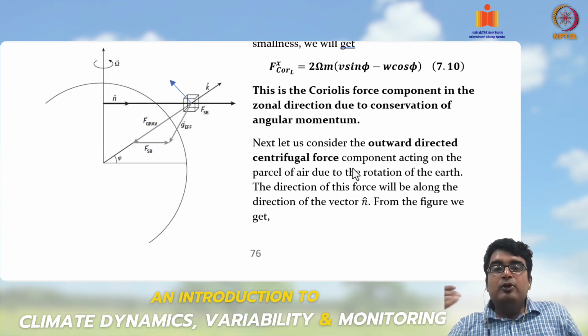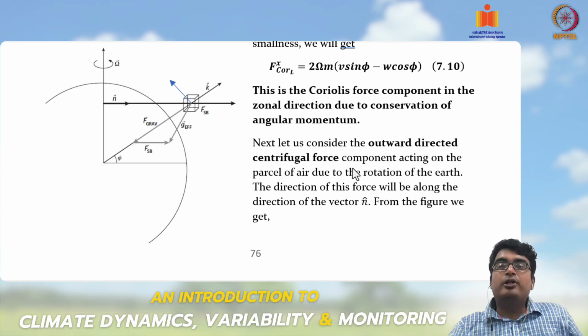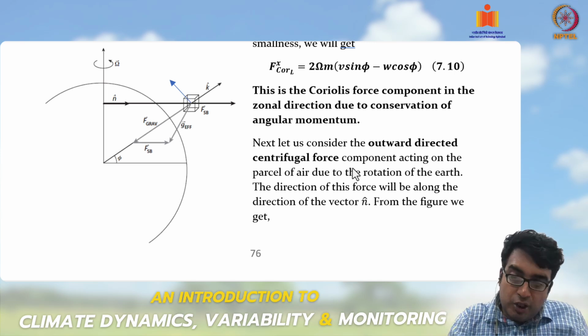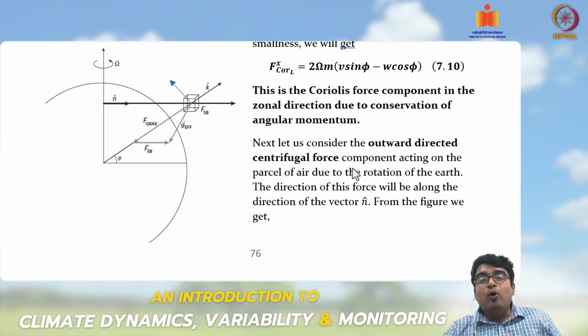Next, we will look at the other component of the Coriolis force, which is coming from the centrifugal force. The centrifugal force is a pseudo force coming due to the rotational motion of the earth. How is the centrifugal force oriented? Clearly, this parcel of air is rotating around the axis of the earth.